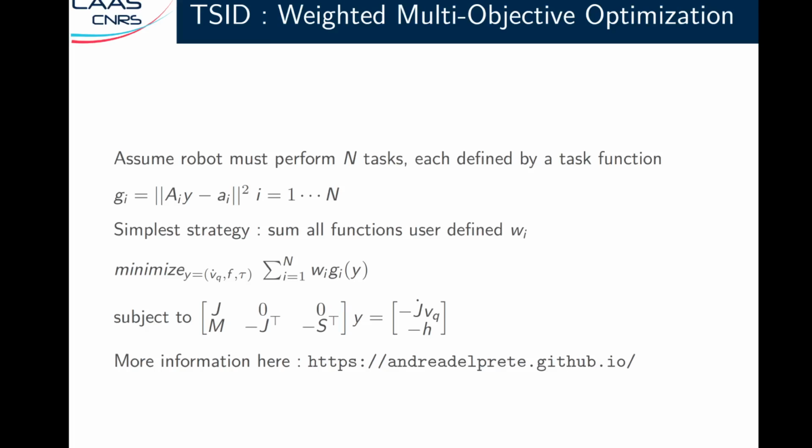And what we do is we try to minimize the weighted sum of these quadratic errors specified by g_i and subject to linear equalities, where we can put some of the tasks if you want them absolutely to be of higher priority, and the dynamics of the system. More information can be found on the website of Andrea Del Prete, who wrote and who is currently maintaining TSID.